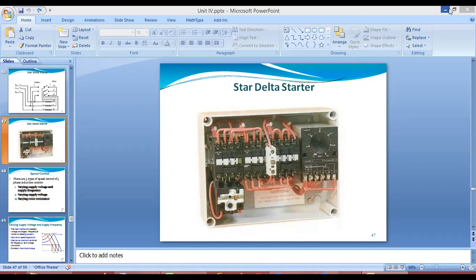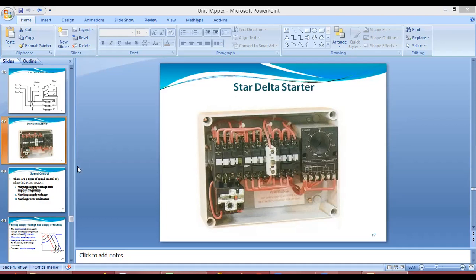We can select the resistance so that about 70% of rated voltage is applied to the motor. At the time of start, full resistance is connected in series with the stator winding, and it gradually decreases as the motor increases its speed. So we can use the stator resistance starter also to start the three-phase induction motor.